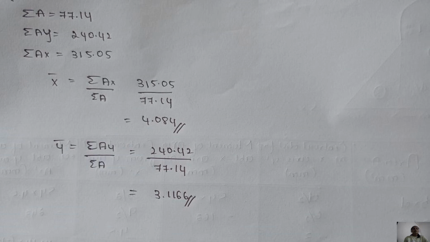Summation of A is the total area of rectangle, triangle and semicircle, that equals 77.14. Summation of AY, the moment of area about x-axis, is 240.42. Summation of AX, the moment of area about y-axis, is 315.05.